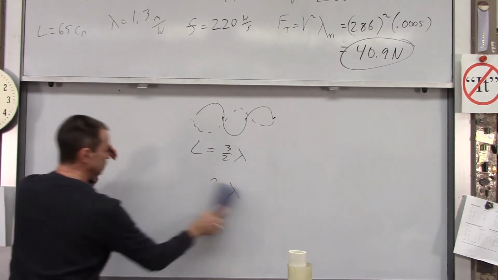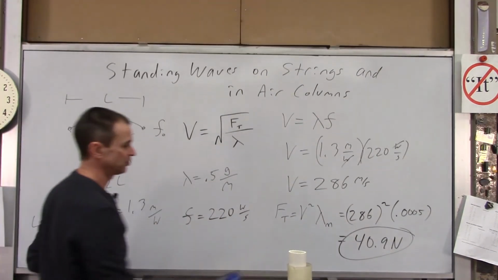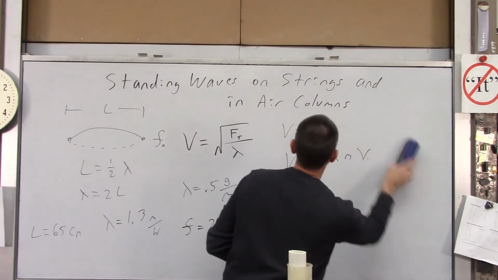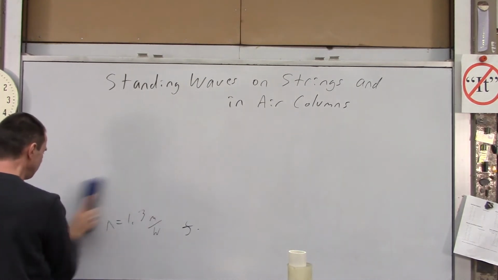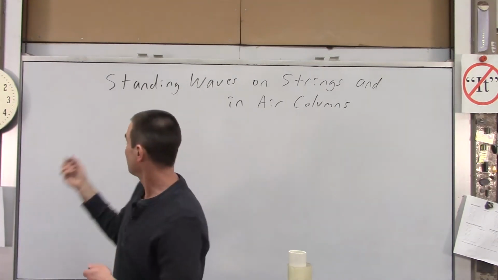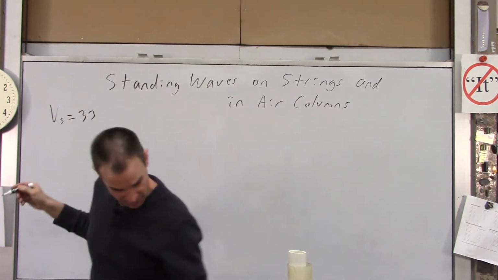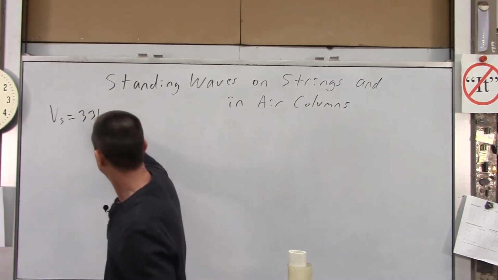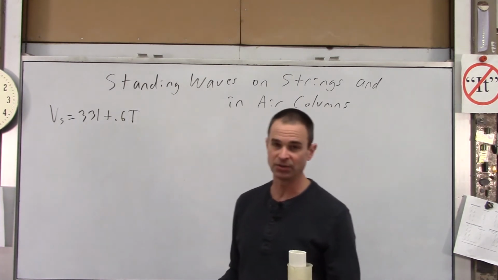For sound, we know that sound varies with temperature, and the velocity of sound follows a fairly simple equation. The velocity of sound is 331 plus 0.6 T, where T is the temperature of the air in degrees Celsius.